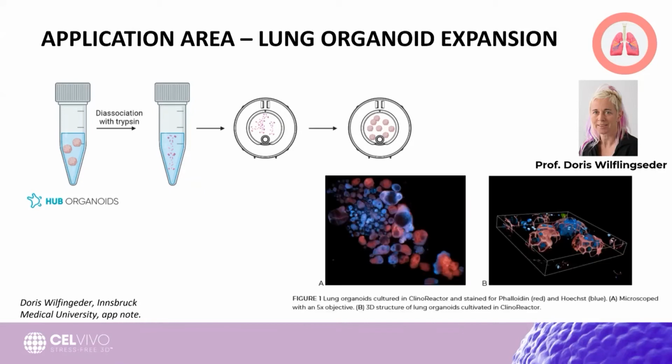You can see here a stain where the nuclei are stained in blue, and red is the actin. So the benefit of using these commercially available organoids is that they are already representing a heterogeneous cell population, so there are different cell types within.